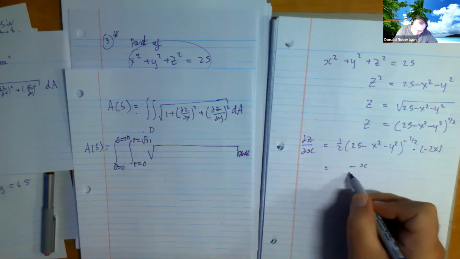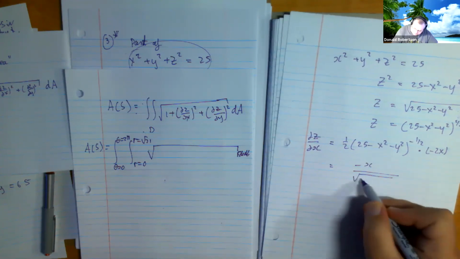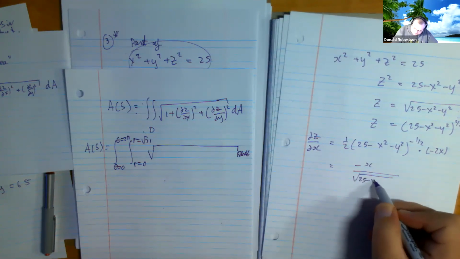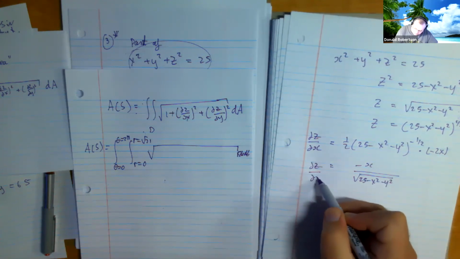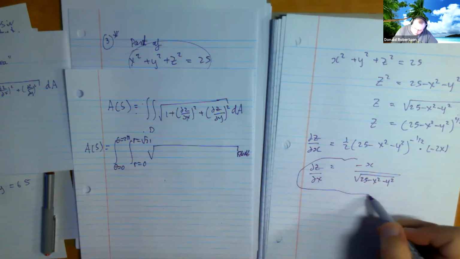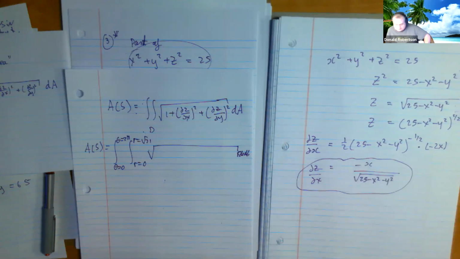If you tidy it up a little bit, that's what you end up with. I guess I've skipped a couple of lines, but can you imagine the extra lines I've skipped?